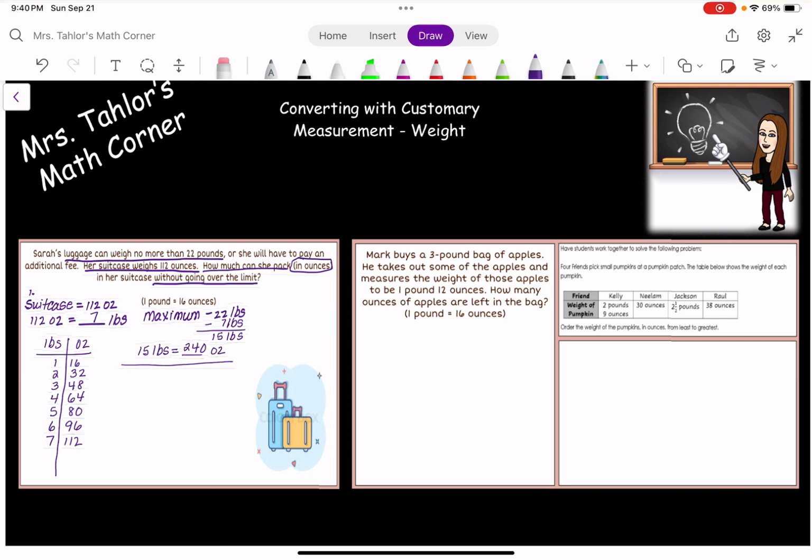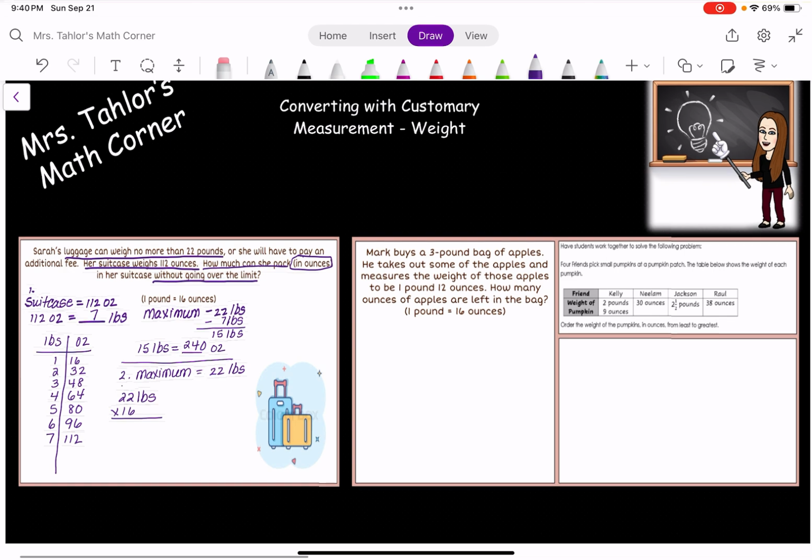Another way to solve this is to say the maximum weight of her suitcase can only be 22 pounds. So I need to take the 22 pounds and multiply them by 16 ounces.